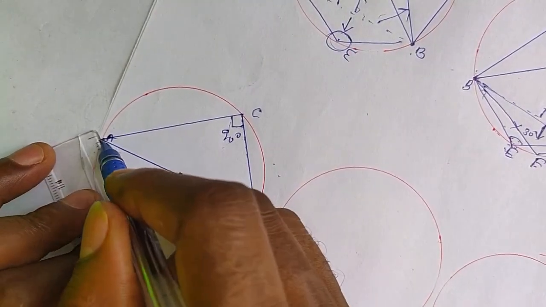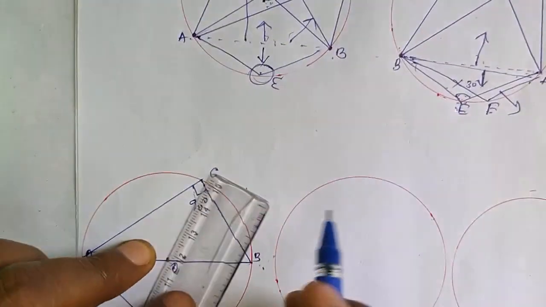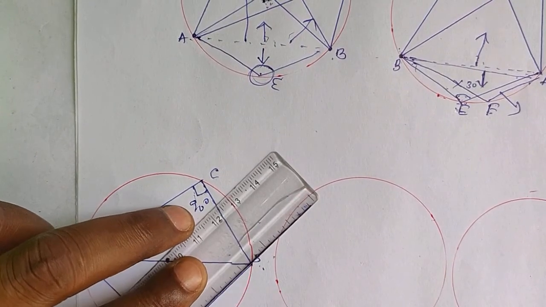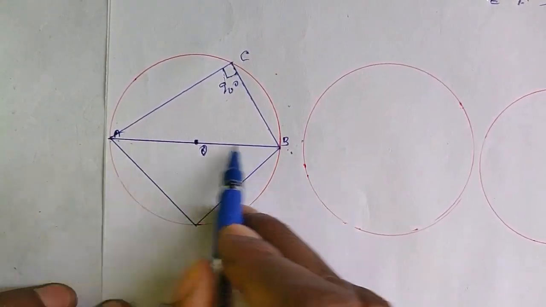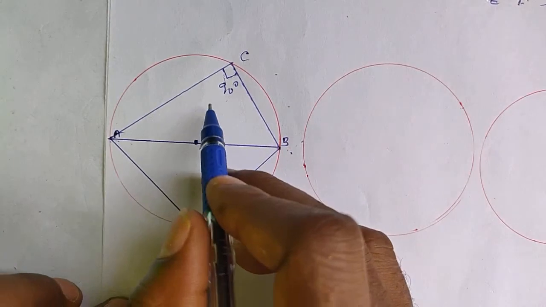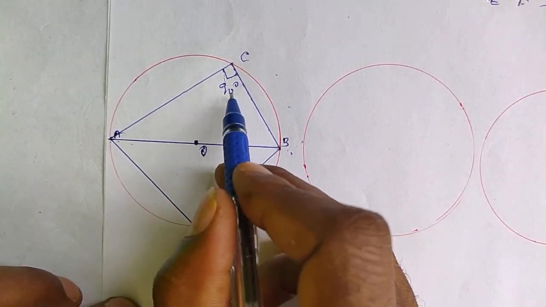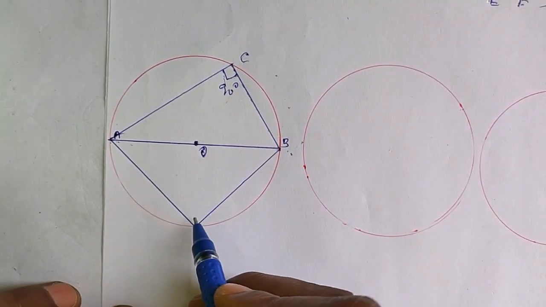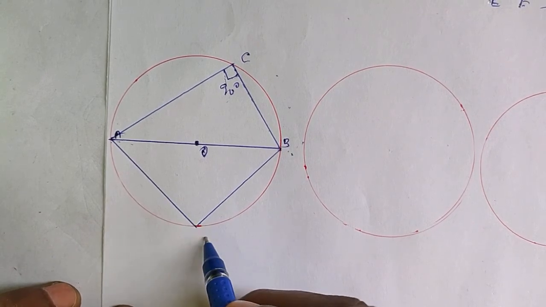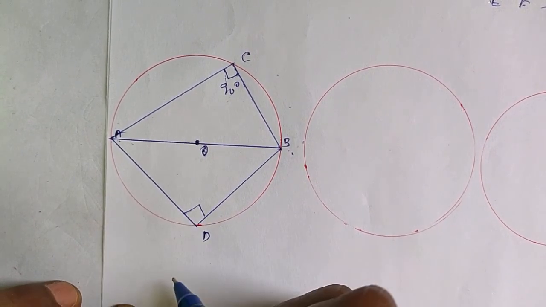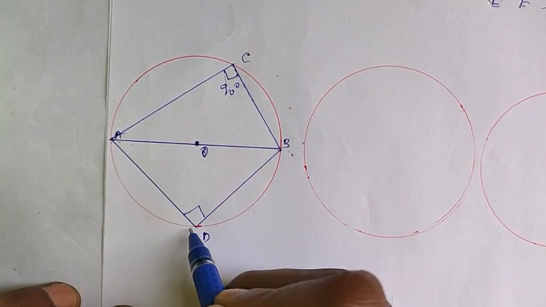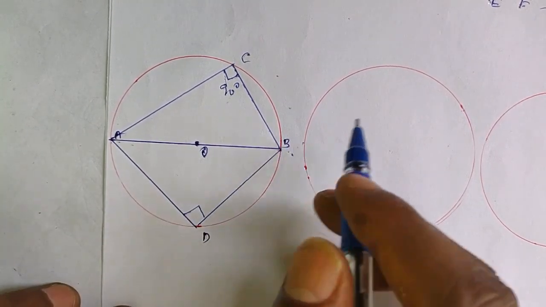Not only on one side, the other segment too. When we draw a diameter, the circle is divided into two semicircles. In this semicircle, any angle will be equal to 90 degrees. Even in this semicircle, if D is given, this is also 90 degrees because D angle is formed from the ends of the diameter.